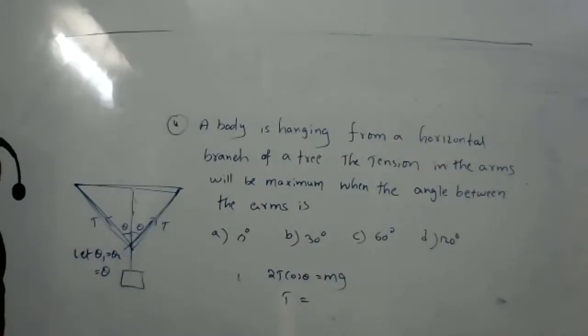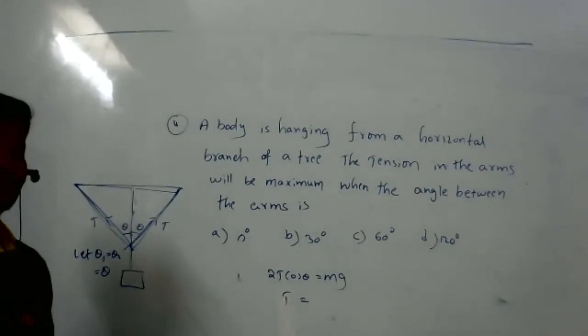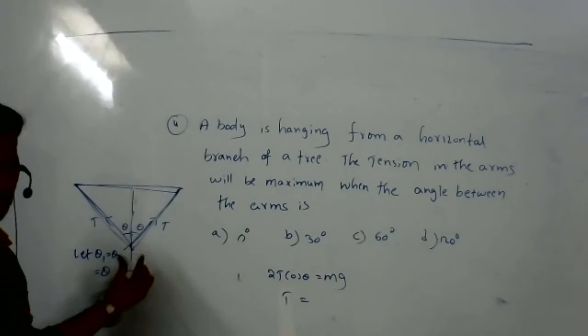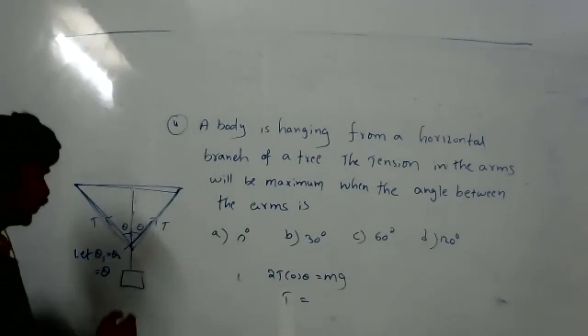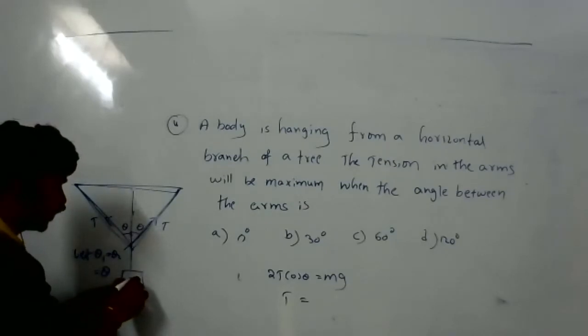Tell me, Prashant. Prashant will give a nice idea. Sir, my thing is, why should we even imagine an object? They're just asking at which angle tension max will be. We don't know mass, nothing we know. So why, sir, should we just think they're just two branches?